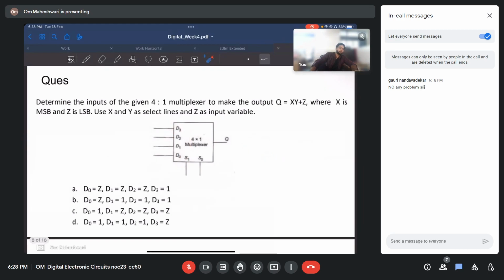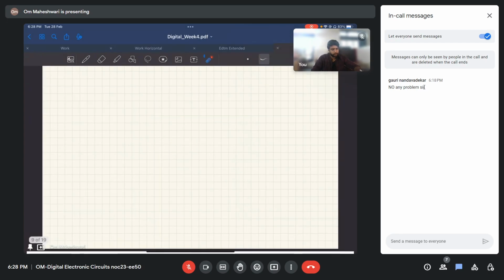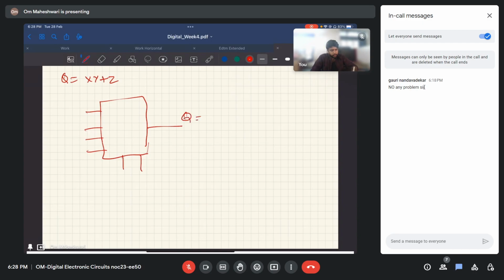Okay. So let us do one thing. Let me just try to solve this. We have to implement Q equals to xy plus z. And we have a 4 cross 1 mux only. Here it is Q that we know.